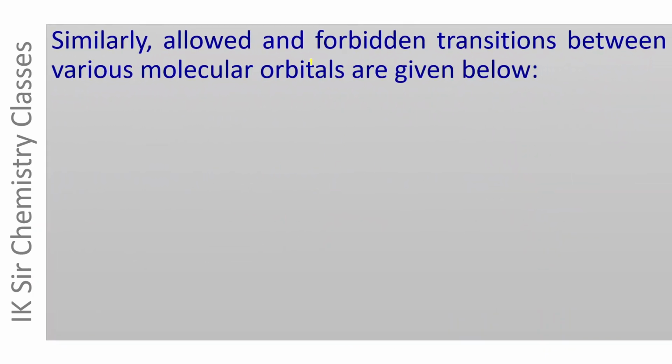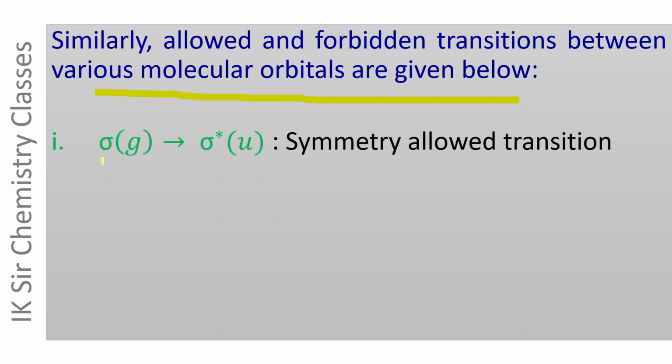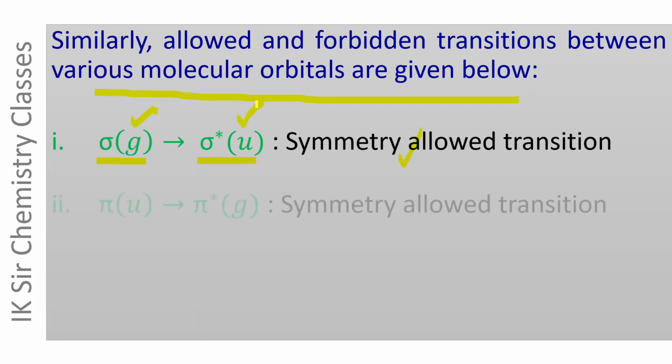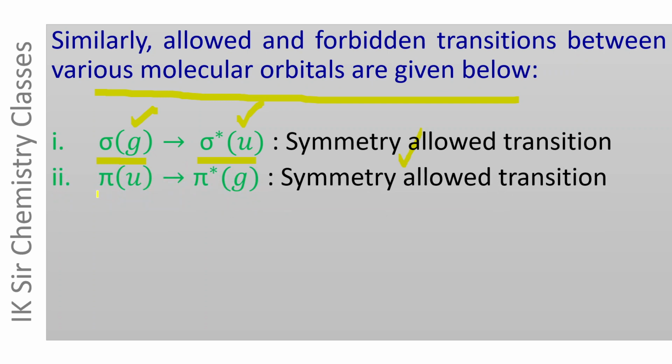Similarly, the allowed and forbidden transitions between various molecular orbitals are given below. If transition takes place from sigma bonding MO to sigma anti-bonding MO, it will be symmetry allowed because the transition takes place between gerade and ungerade orbitals. The transition from pi bonding MO to pi star MO is also symmetry allowed because it involves ungerade and gerade orbitals.